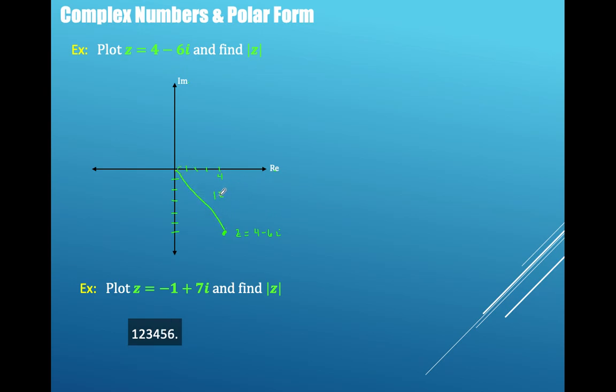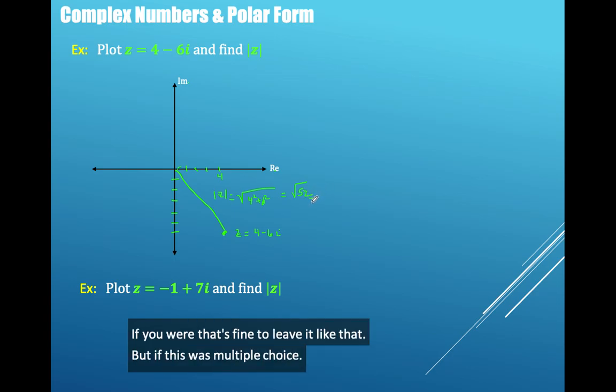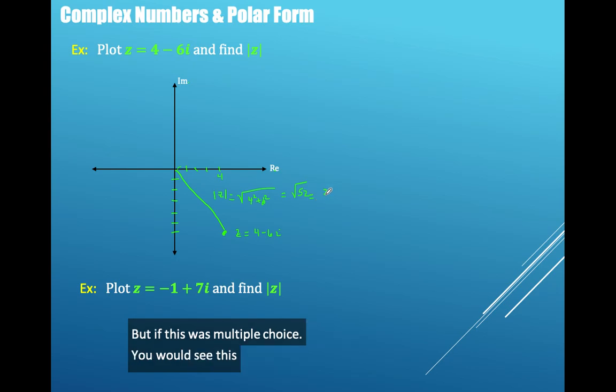And the modulus, which is 16 plus 36, or the square root of 52. That's fine to leave it like that, but if this was multiple choice, you would see this as 2 root 13, because this 52 is 4 times 13.